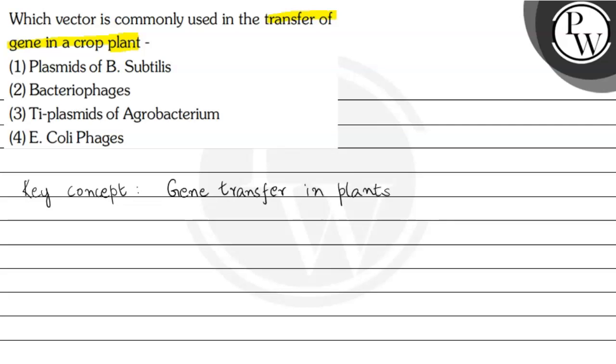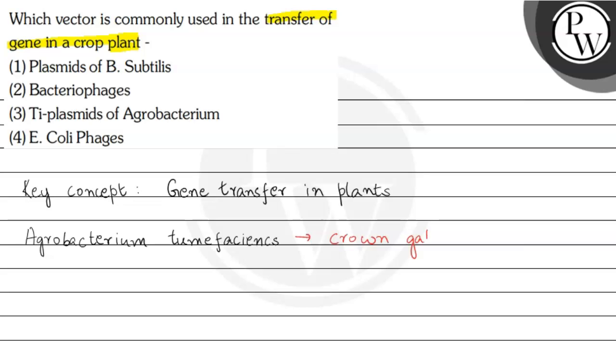So the gene transfer process in plant cells was first discovered due to the phenomenon which was first seen in Agrobacterium tumefaciens. So Agrobacterium tumefaciens is a type of bacteria which infects plants like sunflower, cotton, tomato, and other crop plants and forms a disease which is known as the crown gall disease.